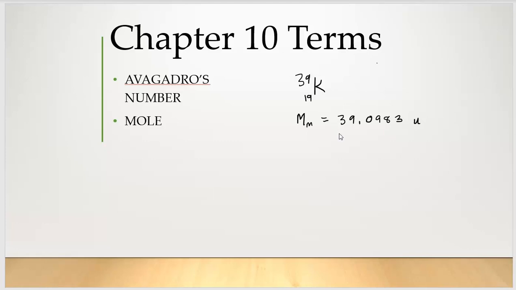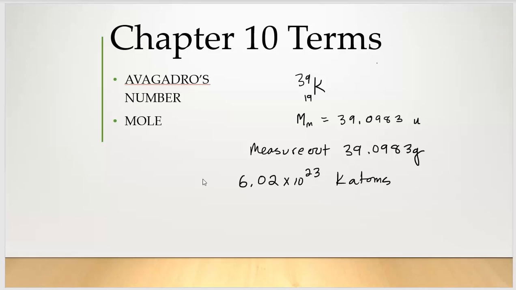This means that if I measure out 39.0983 grams of potassium, I take this potassium 39 and I measure out that many grams of it, I will have, in whatever bucket I've put them in, this many potassium atoms.